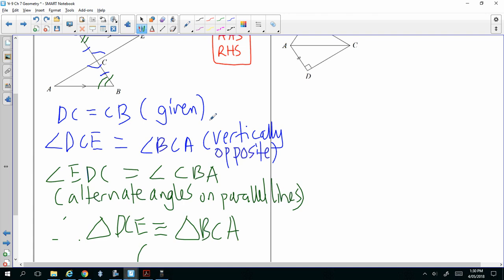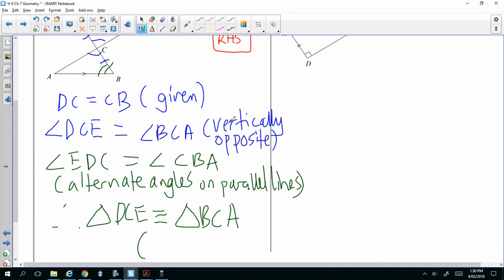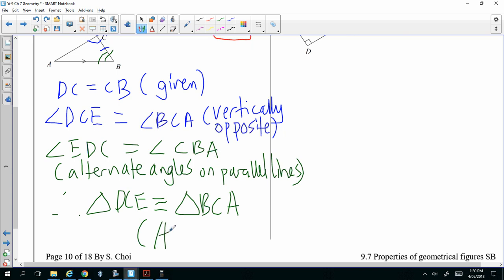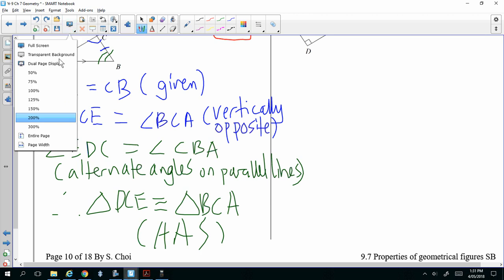What's the test we use? AAS. Yes, because there are 2 angles and a side, right? So write AAS. Okay, AAS. All right. After we do this, we'll do the next one. Make sure you write down the full reasons.